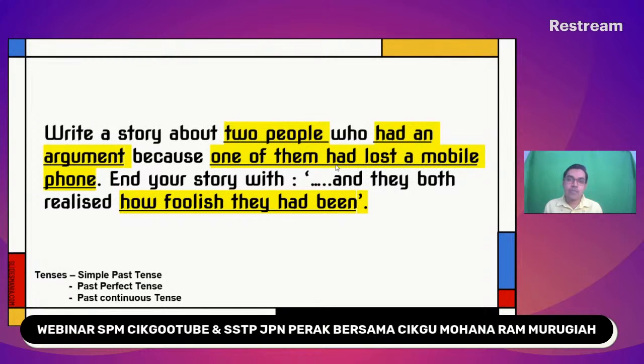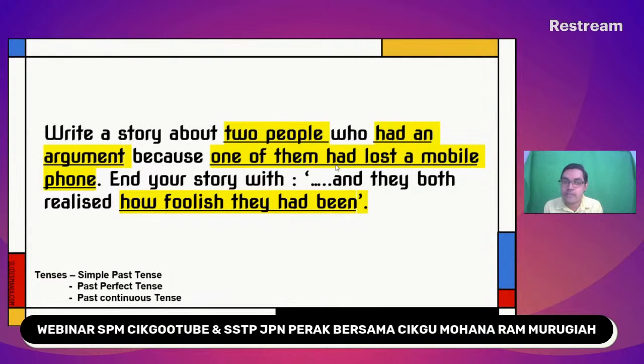And you can bring the argument and then they go and see the teacher and start searching the entire camping ground and suddenly they found the iPhone in Aming's bag itself. You see, and they had been foolish. So the argument must be something about how foolish they were to argue over that issue. So remember, for narrative, the plot is given to you. So you don't have to worry.